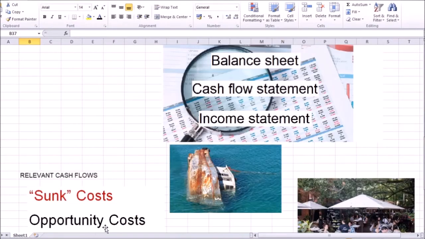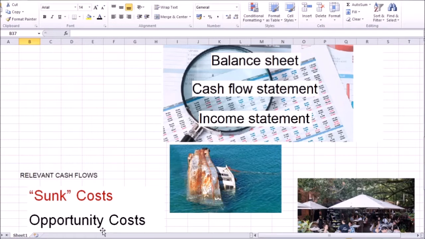Next, somewhat ephemeral, somewhat abstract idea of opportunity costs. Not all costs are actually real out-of-pocket costs. For example, if you decide to use some of the unutilized property of the company within the new project, even though the company doesn't have to pay to buy that property, there are still associated costs.